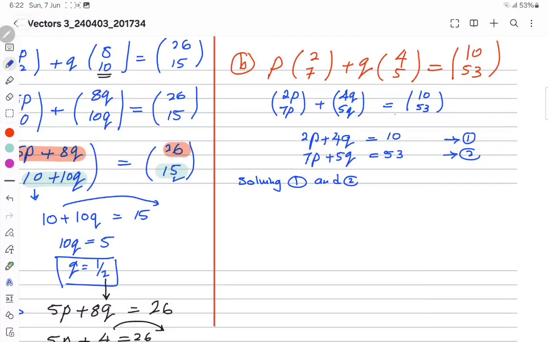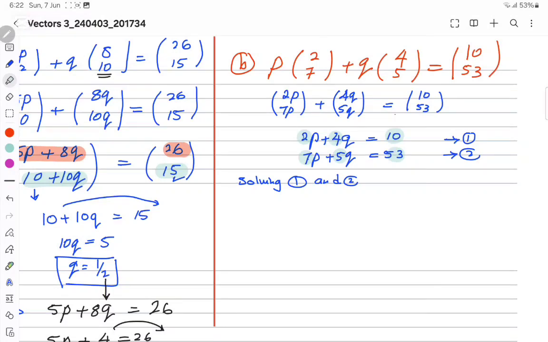We just do that. If your calculator is 95 or 991, just use mode 5, 1. And we will insert the coefficients only: the coefficient of P, then the coefficient of Q, then the constant. So just do that.